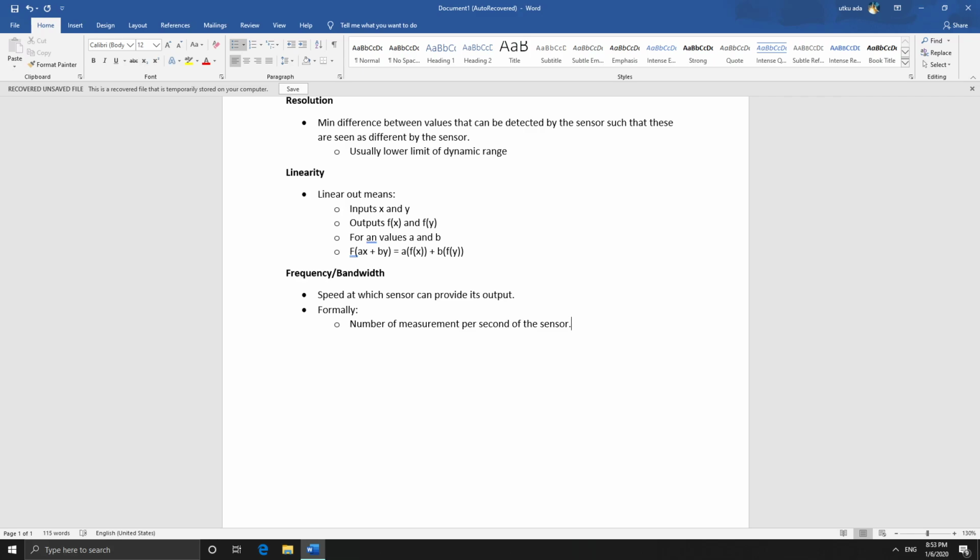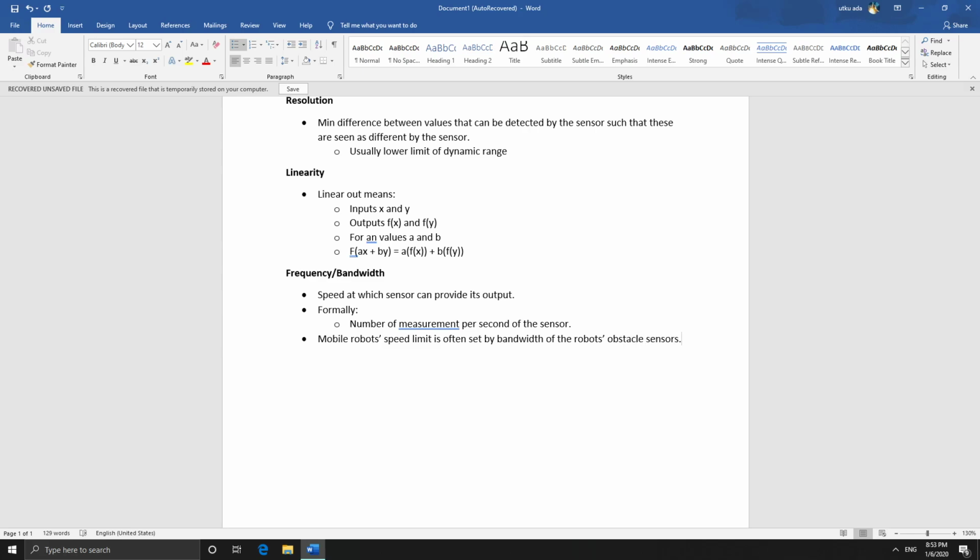An important thing to note regarding the frequency is that the mobile robot's speed limit is often set by the bandwidth of the robot's obstacle sensors.